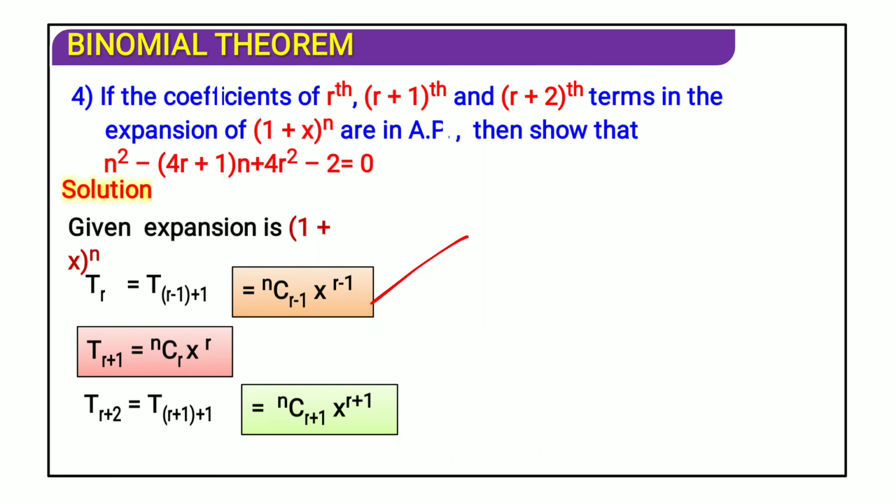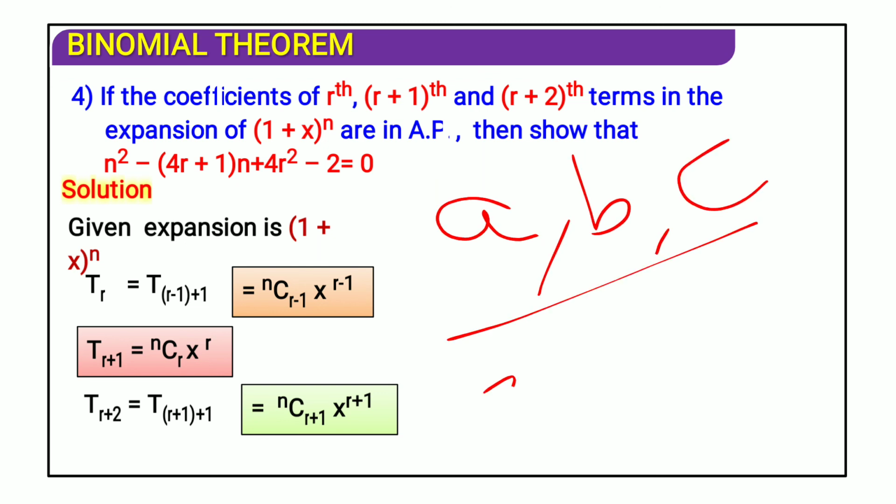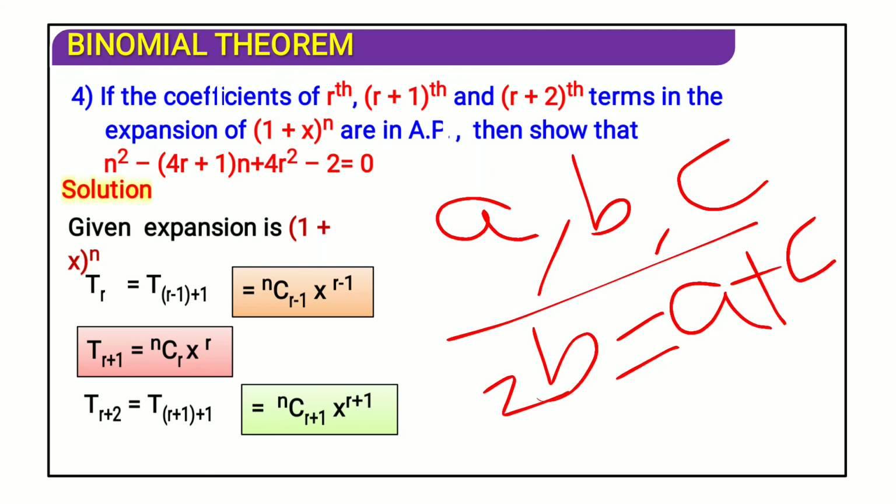Three numbers A, B, C are in AP if and only if twice the middle term B equals A plus C. Only then they are in AP.